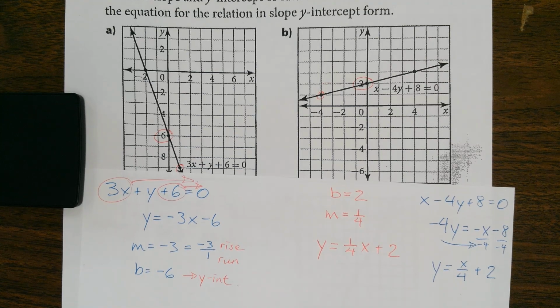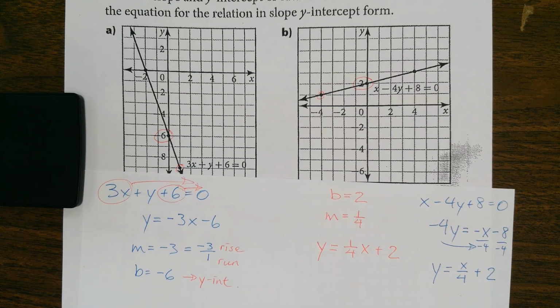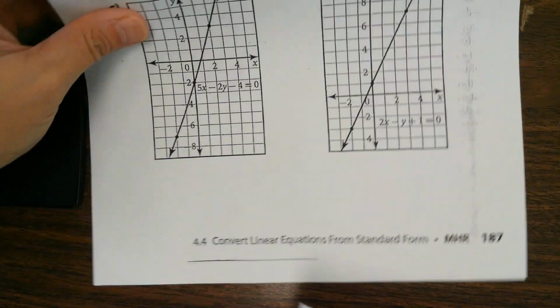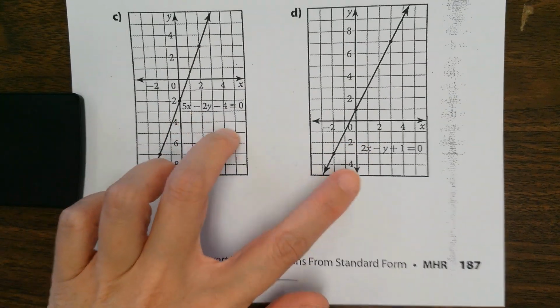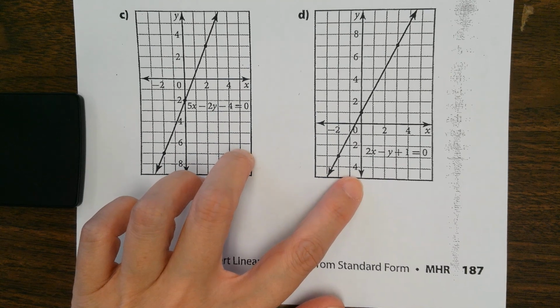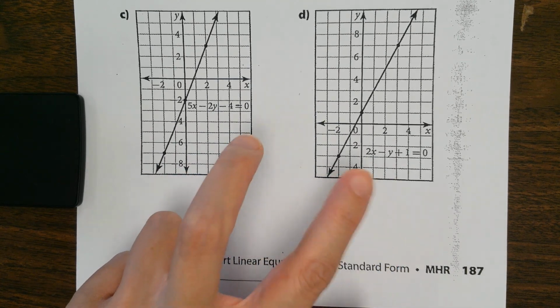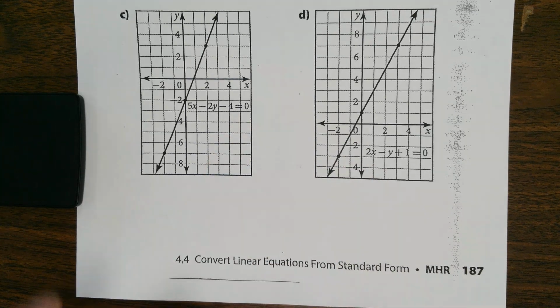So I just did number 1A and B for you. Try C, D now. These 2 should not take you more than 3 minutes to do. Try C and D, and then we'll take it up.